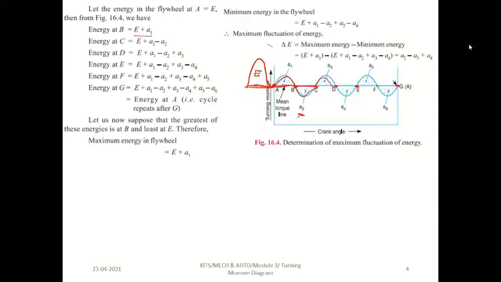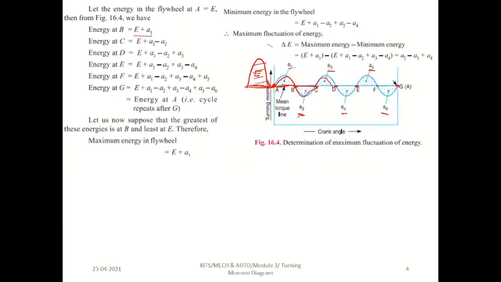So energy at G is E plus A1 minus A2 plus A3 minus A4 plus A5 minus A6. So if we add every area, we will get the final energy.